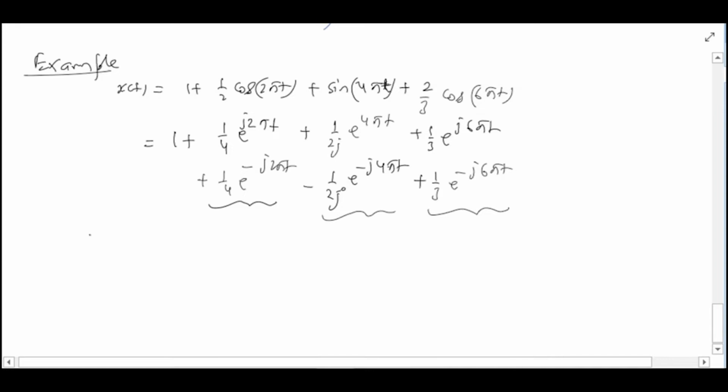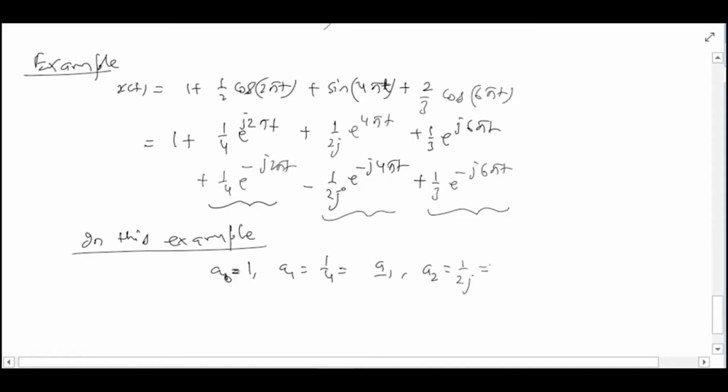In this example, a naught is 1, a1 is 1 by 4, which is the same as a minus 1. a2 is 1 by 2j, which is the negative of a minus 2. a3 is 1 by 3, which is the same as a minus 3.